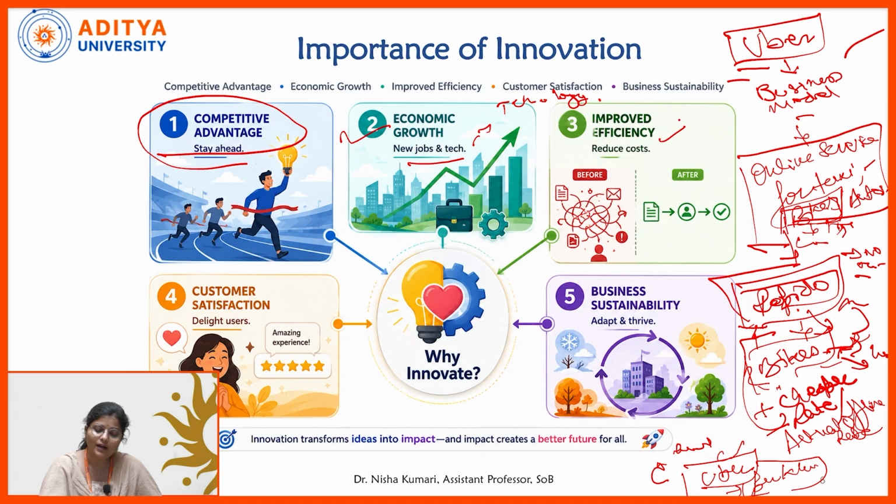And then by providing products or services as per the needs of the users, what is happening? It is helping in improving the efficiency, which leads to a reduction in cost. For example, previously when we were preparing bakery items, for example breads, we had 4 to 5 people making it manually.